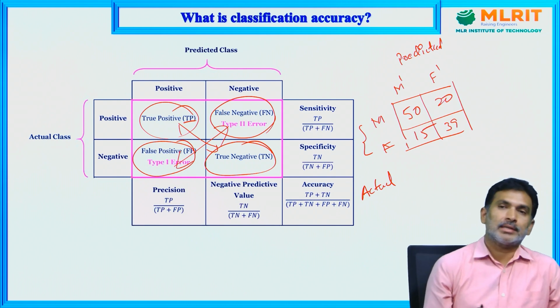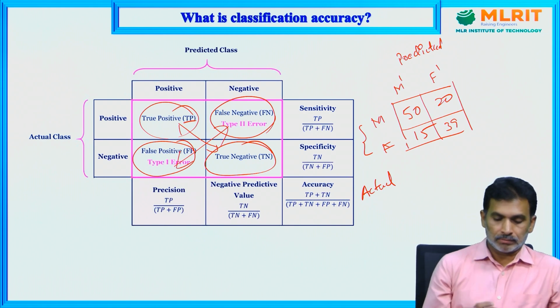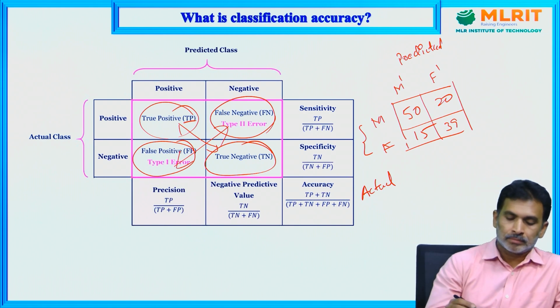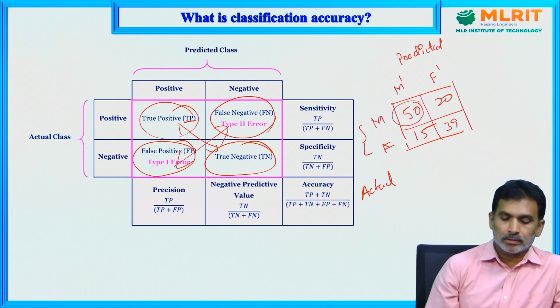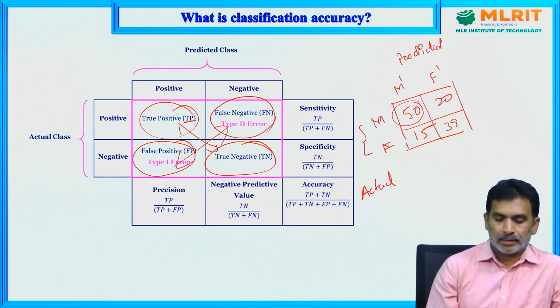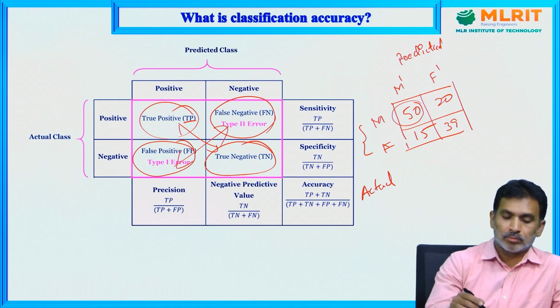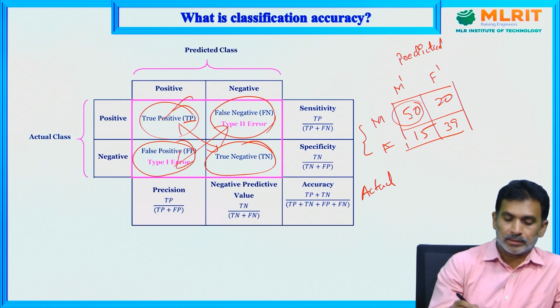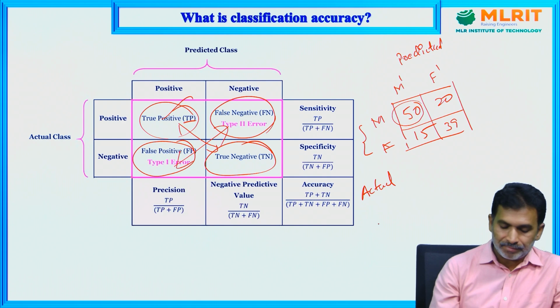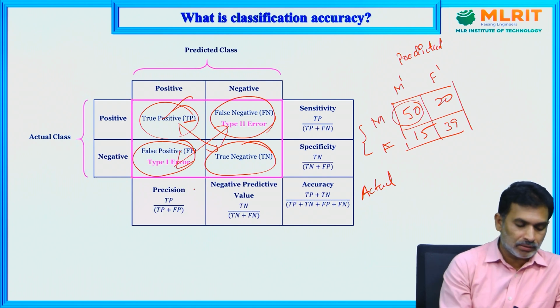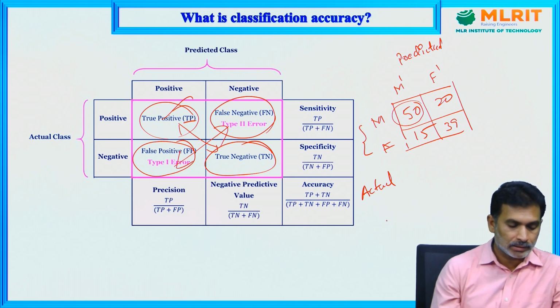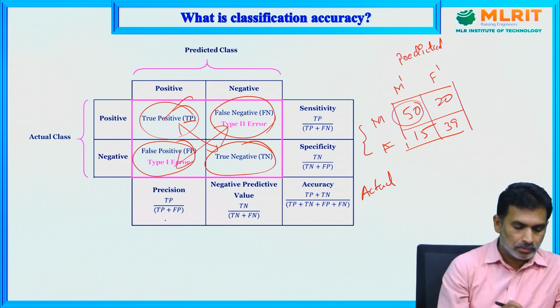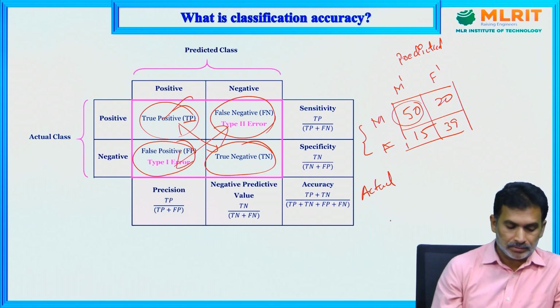From this you can easily understand how we would calculate the accuracy. Let us say the 50 are actually male, and the model also predicted them as male, so that is true positive. This is the first category. For the precision, you can see the true positive versus false positive. Then we'll get the precision.